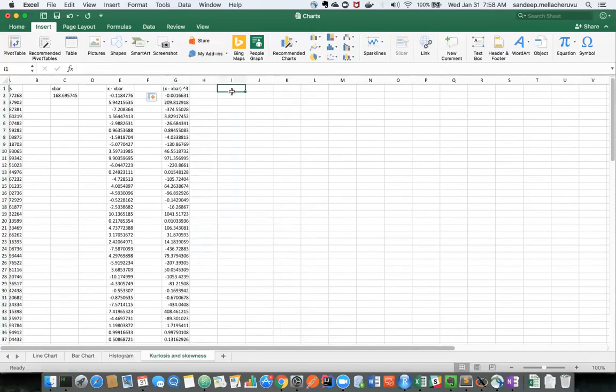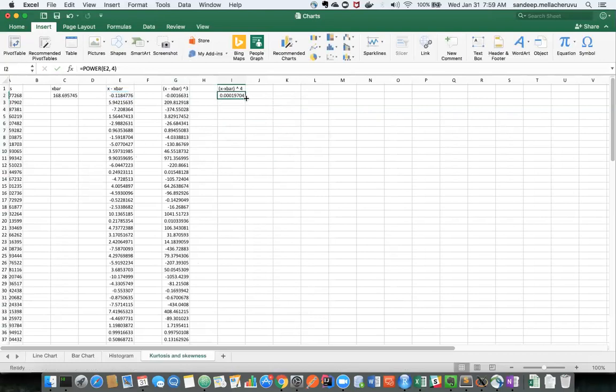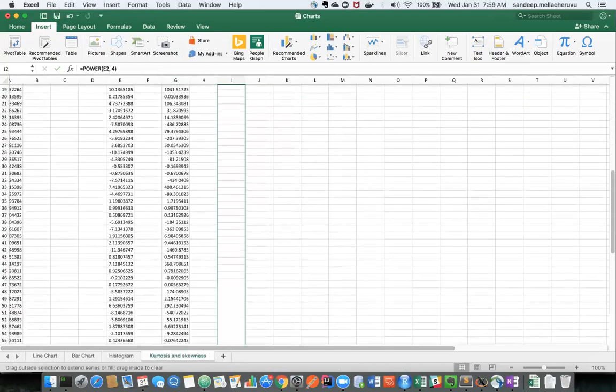Now let me do the other one also. x minus x bar power 4, the fourth central moment. Now let me use the power function. This is the number and the power is always 4. Let me do it for all.